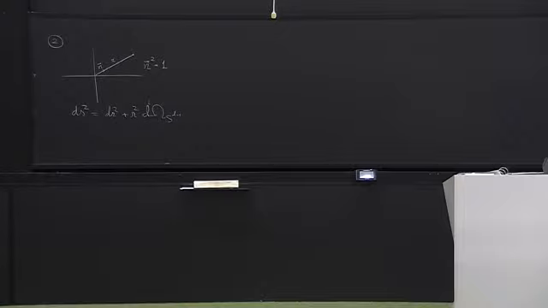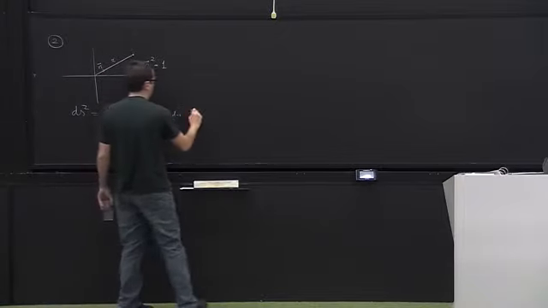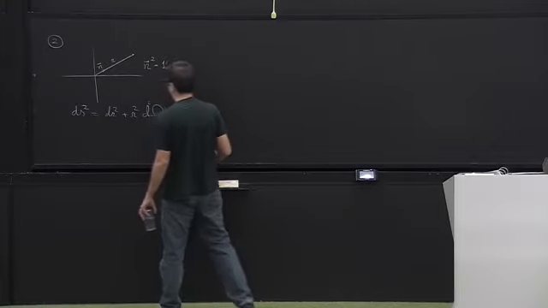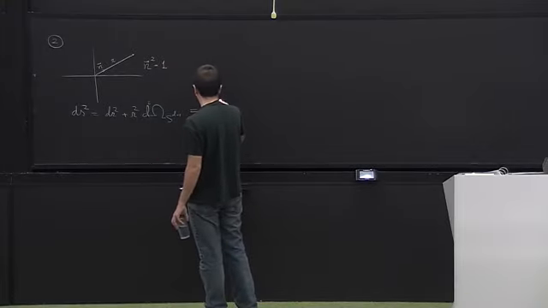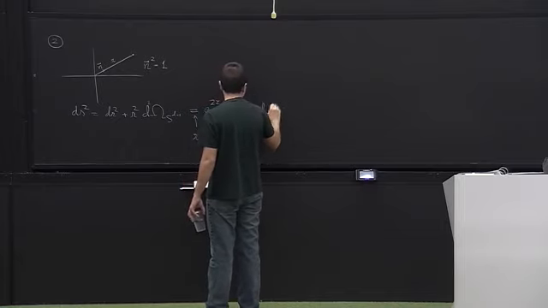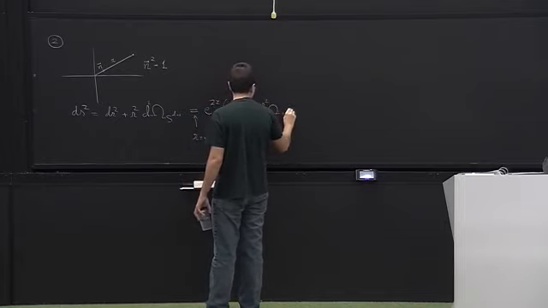Now, if I write r to be e to the tau, just a parameterization, this becomes e to the 2 tau times d tau squared plus the metric of the sphere.